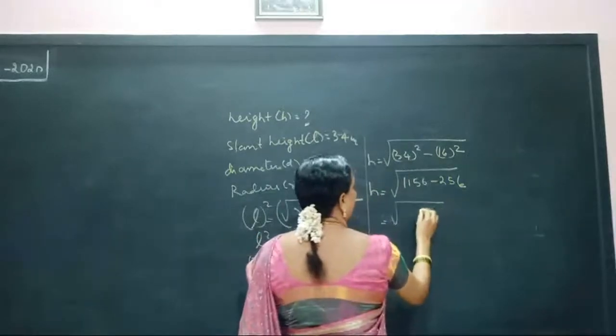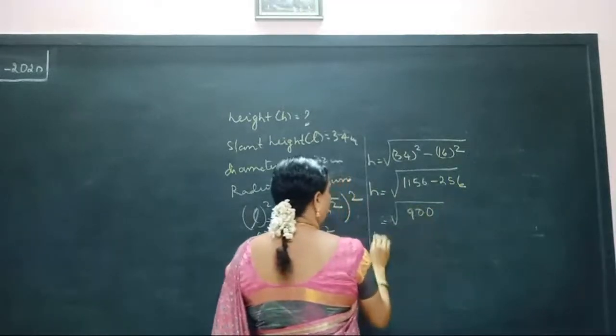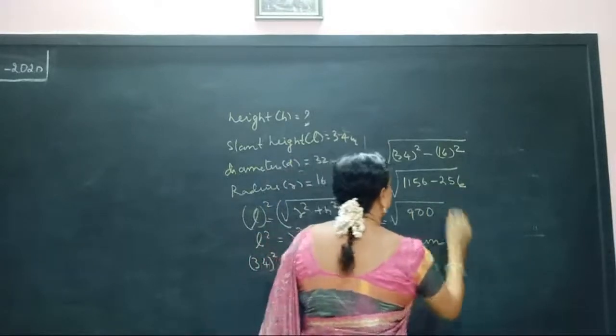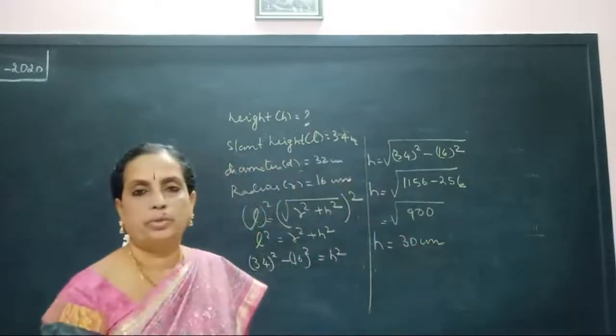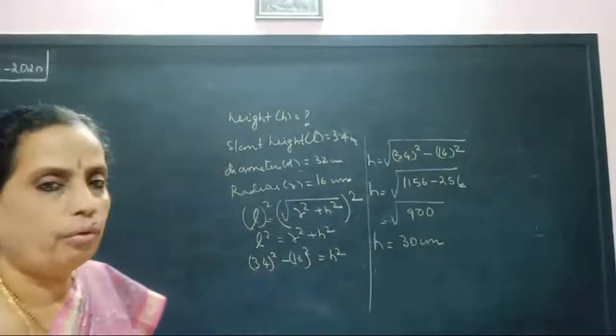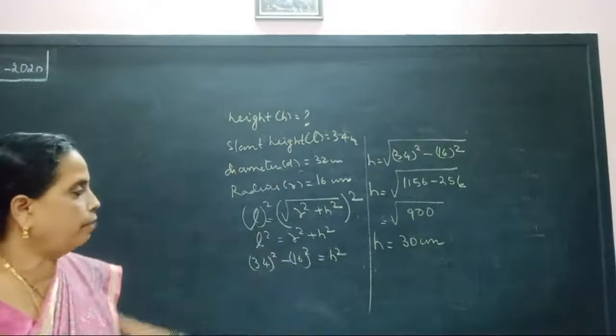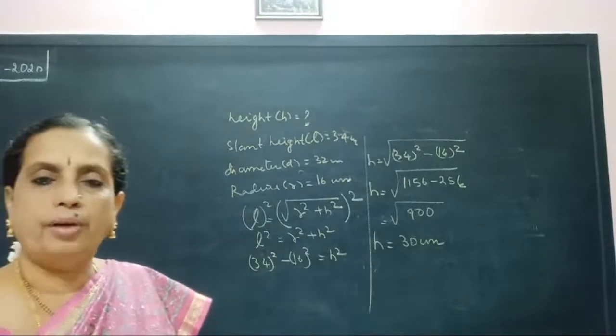What is the difference? 900. What is the height? Okay. So now using slant height and radius, we are able to calculate the vertical height.